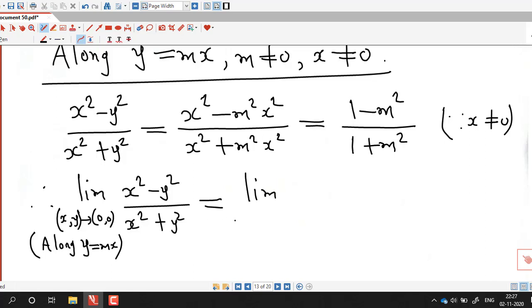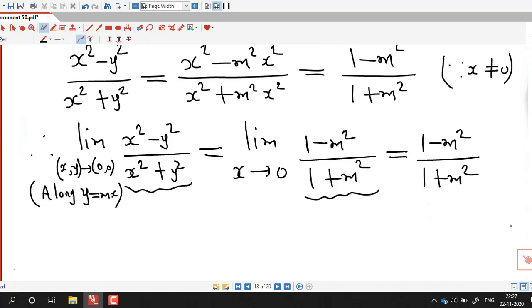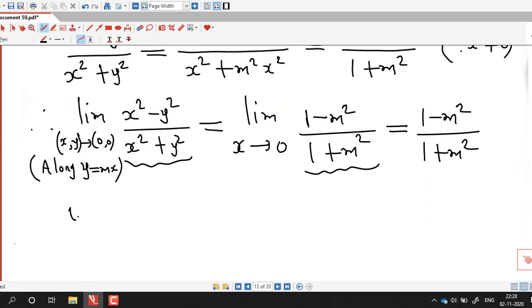If we take y equal to mx, x is tending to 0, and along this path the value of the function is 1 minus m square over 1 plus m square. This part is independent of x, so it is constant, and the limit of a constant is that constant. Therefore we can see the limit depends on m.